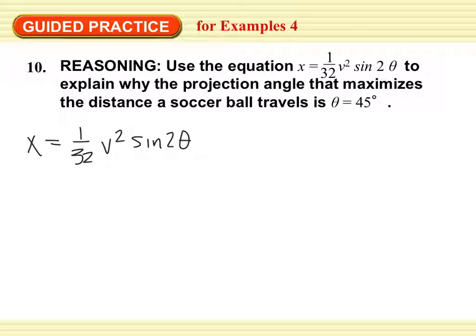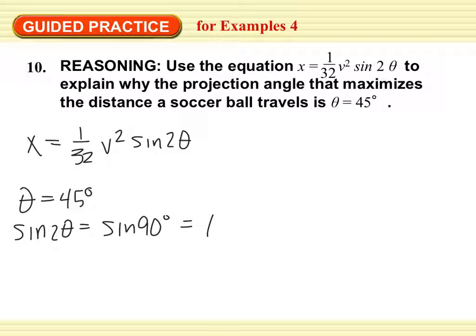All right, so when theta equals 45 degrees, 2 theta equals 90 degrees. Sine 2 theta equals sine of 90 degrees, which if you plug that in or check your unit circle equals 1, which equals the maximum value of the sine function.